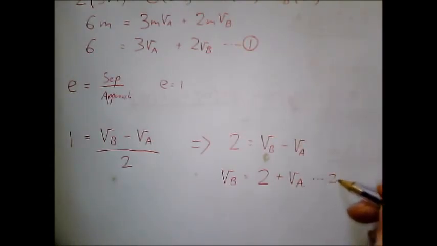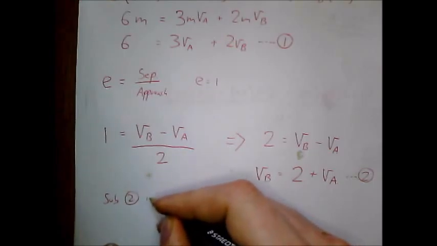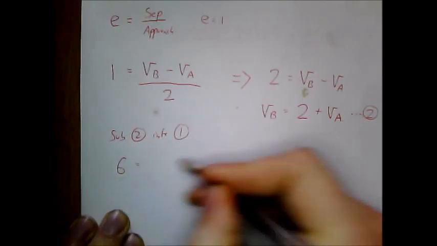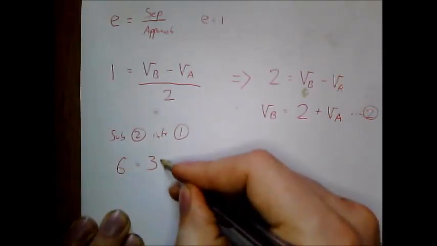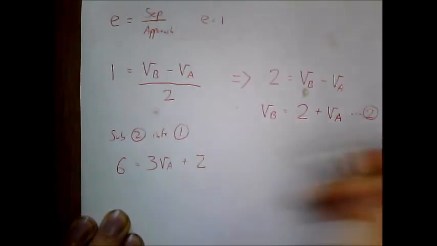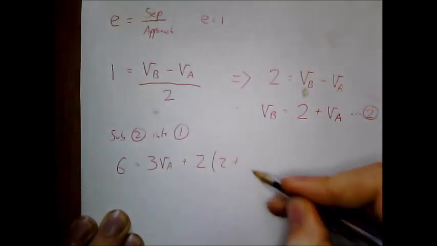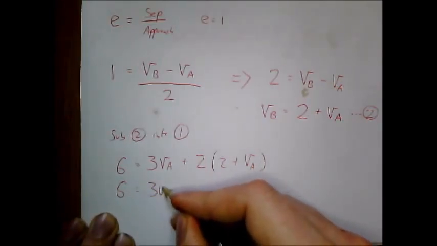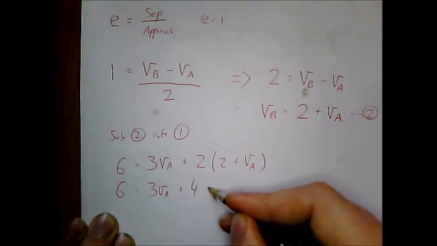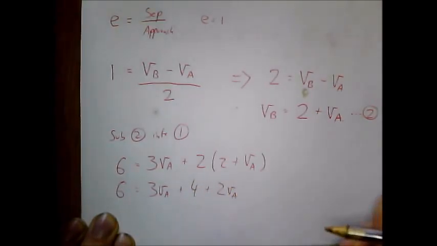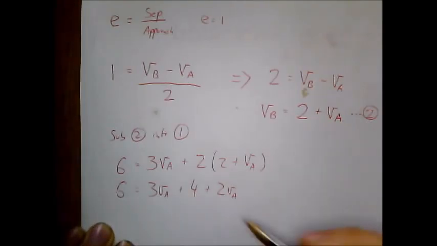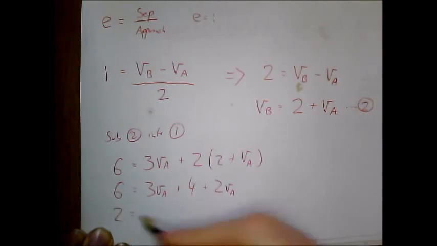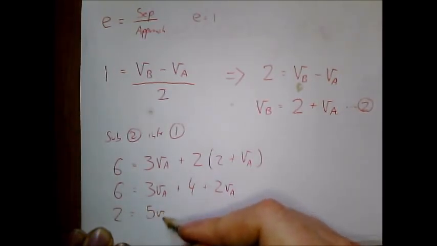Substituting 2 into 1, 6 equals 3VA plus 2 lots of 2 plus VA. Expanding out, we get 3VA plus 4 plus 2VA. Subtracting 4 from both sides, I have 2 equals 5VA.